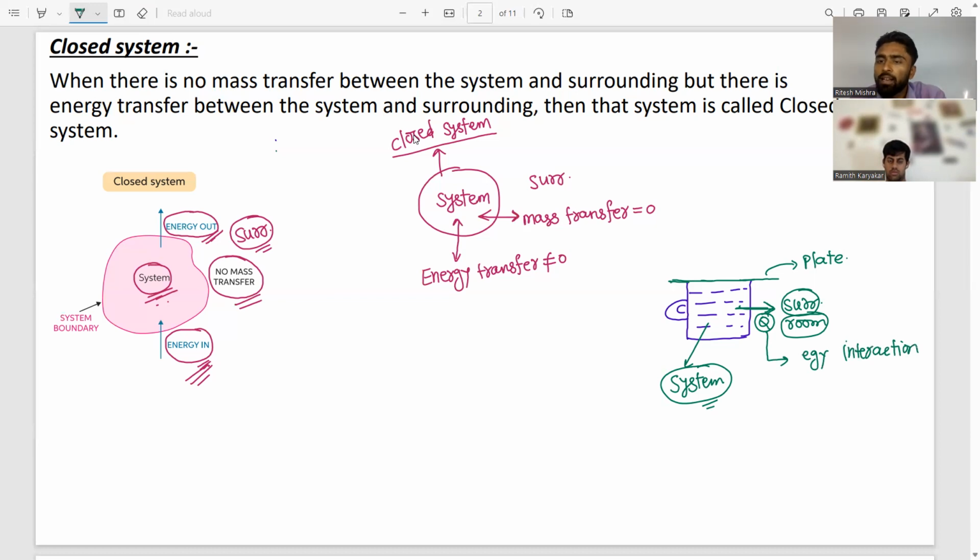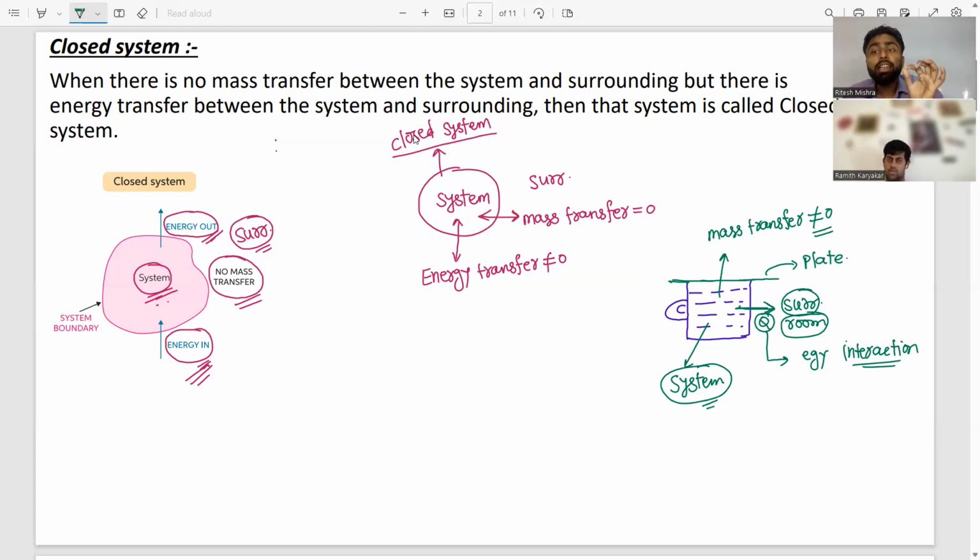But here, energy interaction occurs, while mass transfer does not occur because we placed a plate over the cup. So mass transfer does not take place here. From the system, mass does not go to the surrounding, and also from the surrounding, that means from the room, mass does not enter the system.